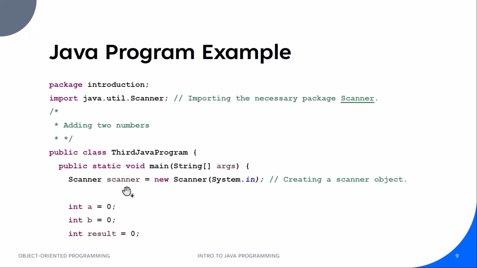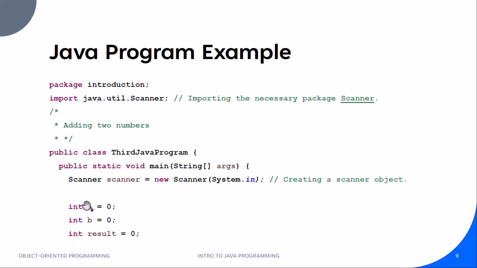I may use another name, but in this particular example, I use the same name, and then I'm creating an object using the Scanner constructor. And we will learn about constructors in our lectures that detail the classes. And I need an input parameter such as System.in.